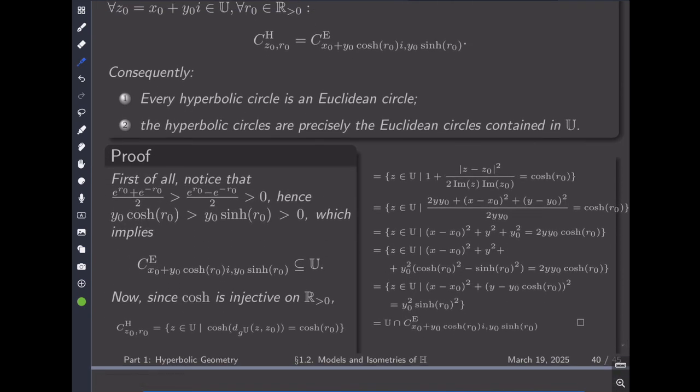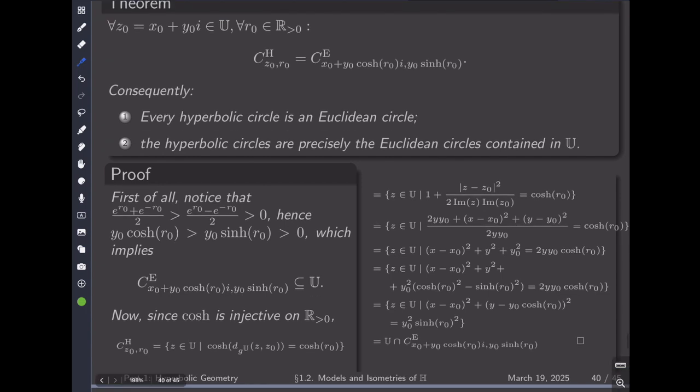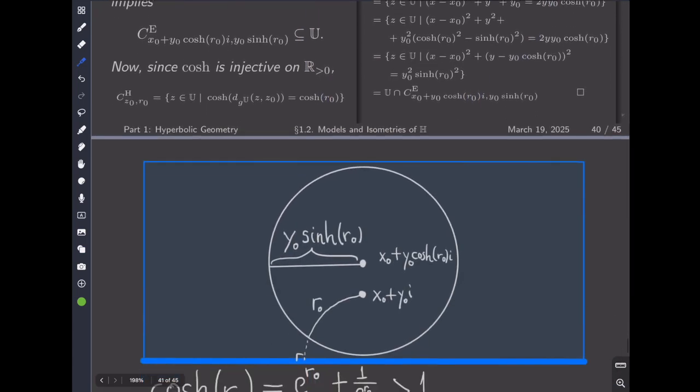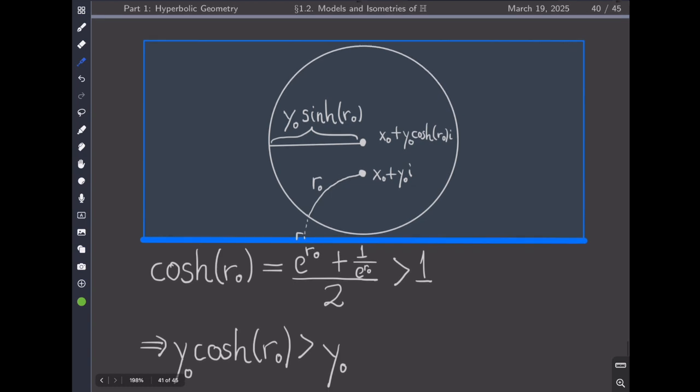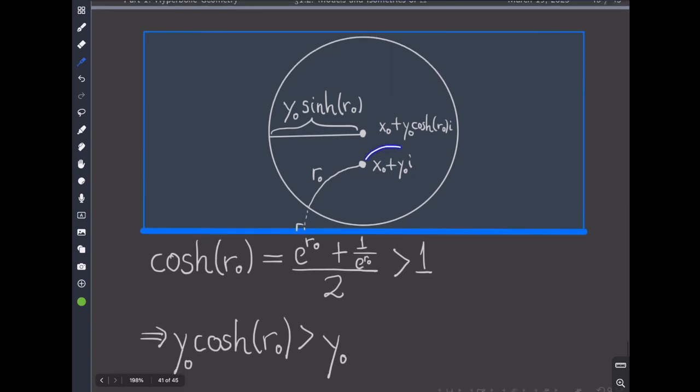Maybe I'm not going to read this, just how it looks. You see, if you give me the desired center and you compare it to the Euclidean center, that's the comparison.